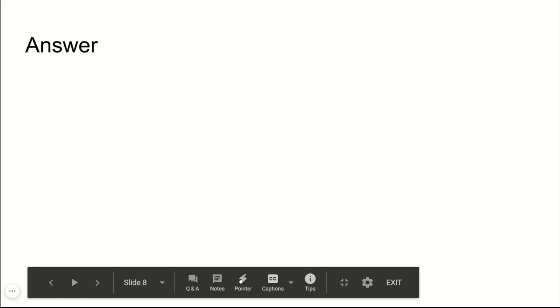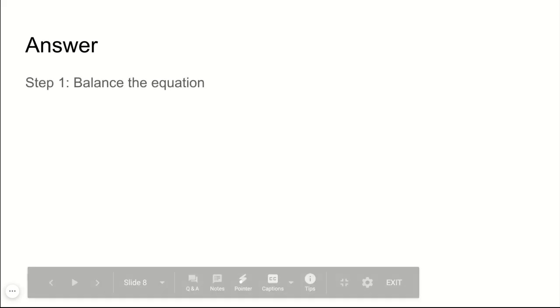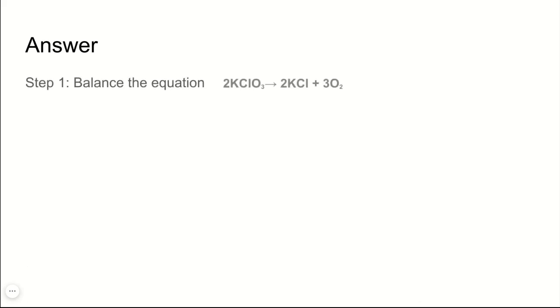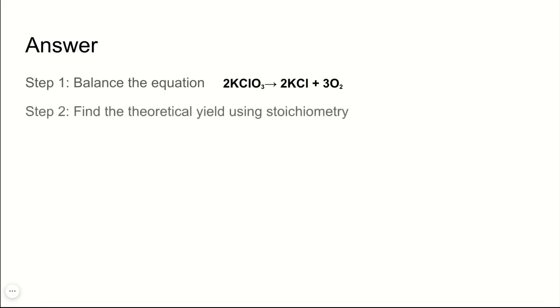Here's the answer to that problem. So the first step is to balance the equation, which in this case should be 2 potassium chlorate into 2 potassium chloride plus 3 oxygen gas. The second step is to find the theoretical yield using stoichiometry.